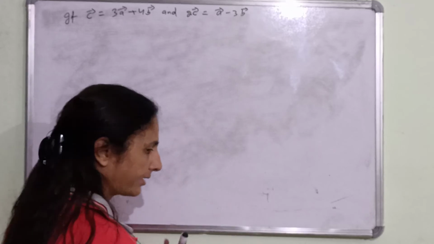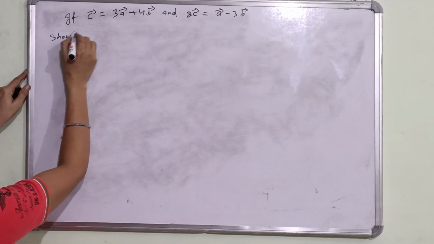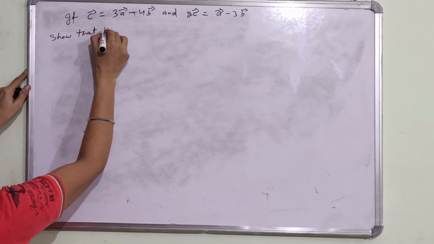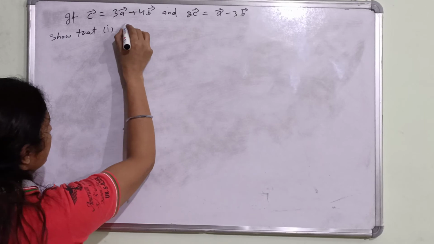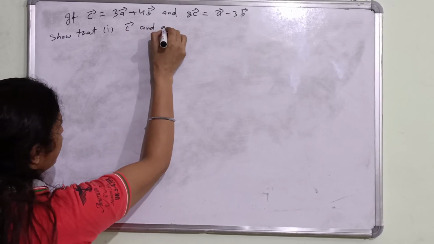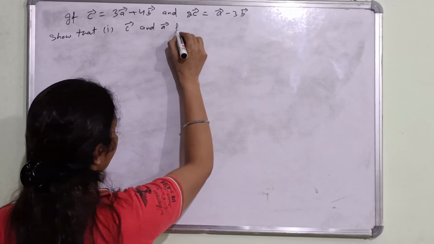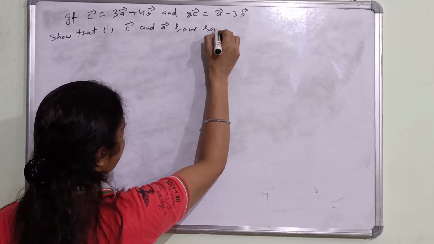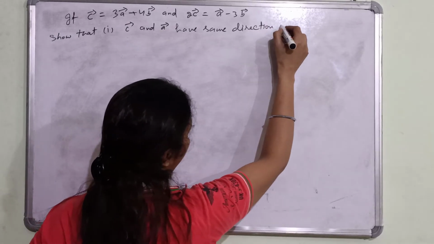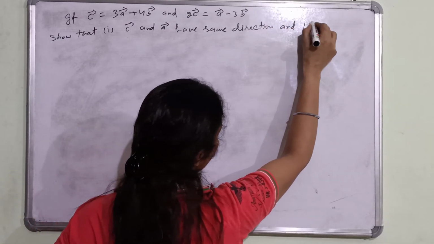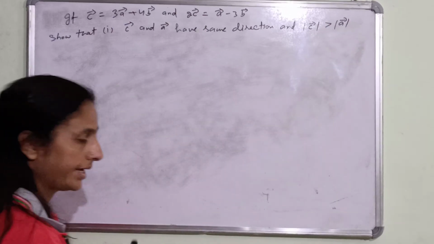If these are the vectors, we have to show, number 1, that vector C and A have the same direction, and the magnitude of C is greater than the magnitude of A.